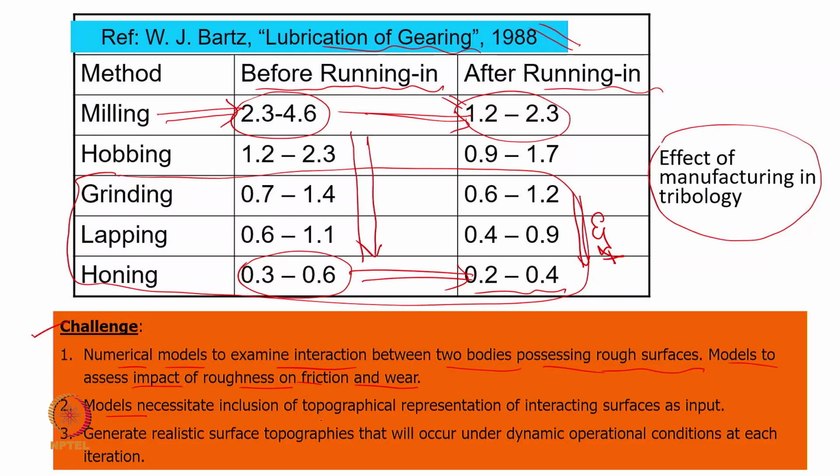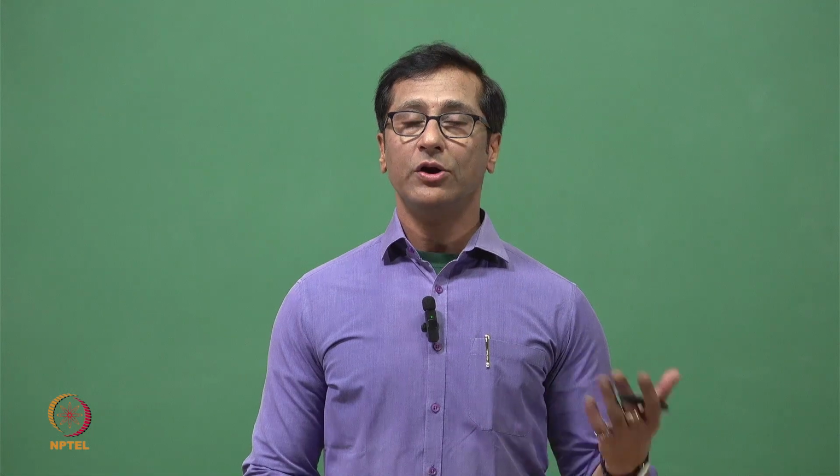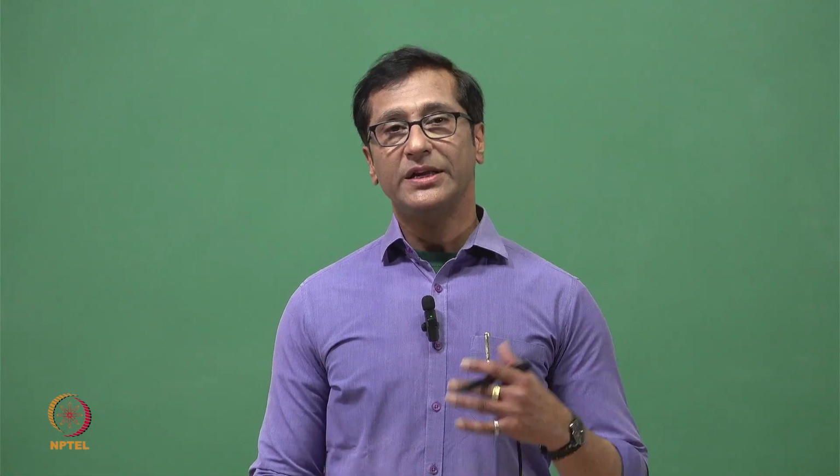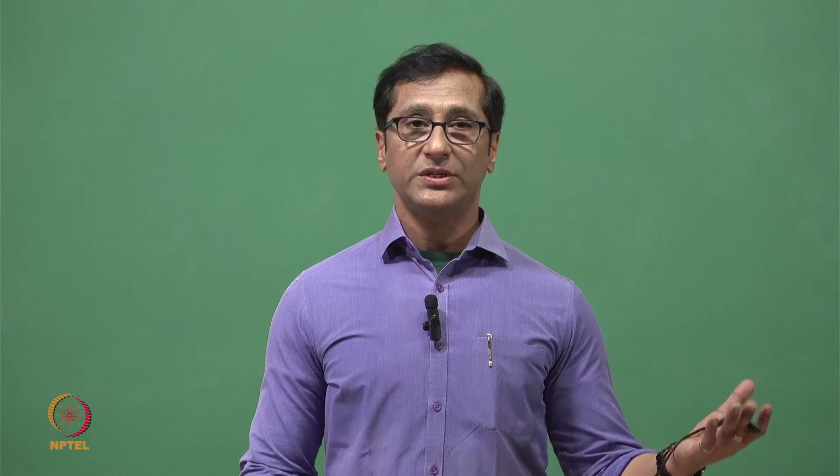Then the models necessitate inclusion of the topographical representation. So if I have a 2D or 3D surface available, am I able to reproduce it in our algorithm? If so, how am I quantifying it? Am I getting all the parameters the same as those which were measured? If so, then only I can go for the next iteration. Otherwise, I will not be able to.